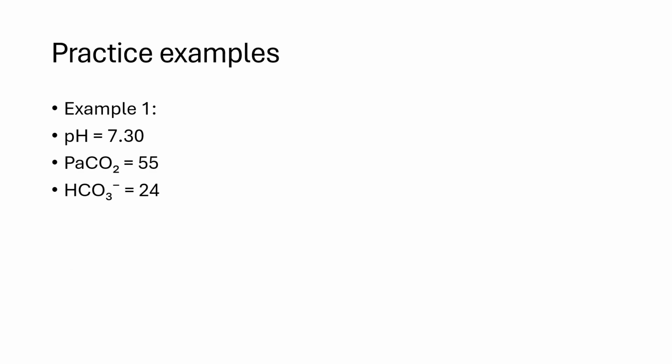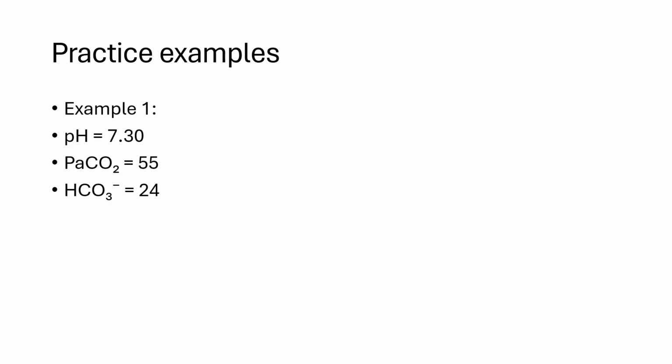So on this ABG, you have a pH of 7.3, which is low, right? Because our low is 7.35. So anything under that is low. So it's telling me acidosis, because pH tells us if it's acidosis or alkalosis. Then I'm looking at PaCO2, and that PaCO2 is high. So I've got the pH going down and the PaCO2 going up.